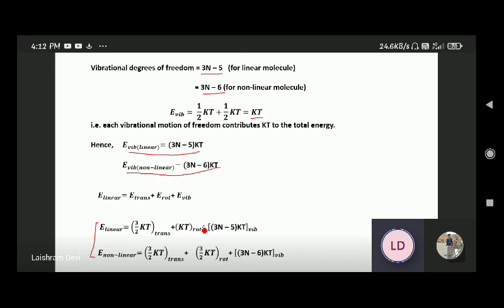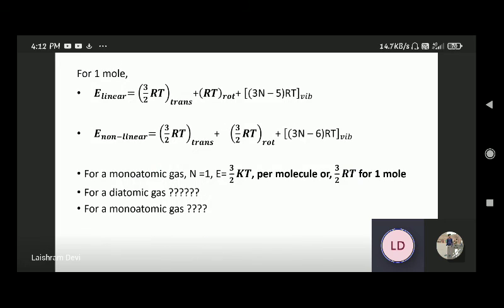ठीक है, तो ये next slide में देखो. Monoatomic gas E is equal to, n is equal to 1, 3/2 kT for one single atom, or one single molecule. ठीक है, and for 1 mole it will be 3/2 RT. That's it. There will be no rotational, no vibrational.